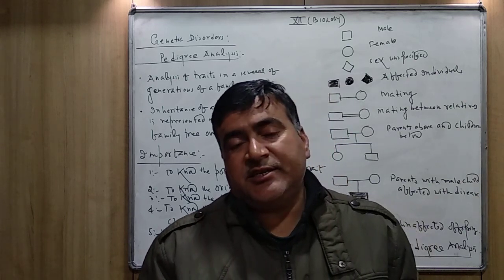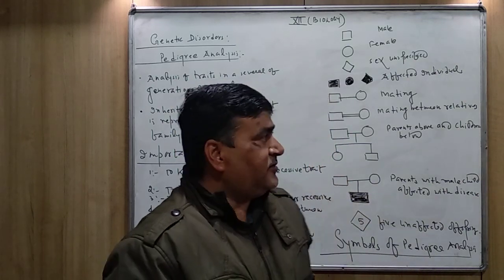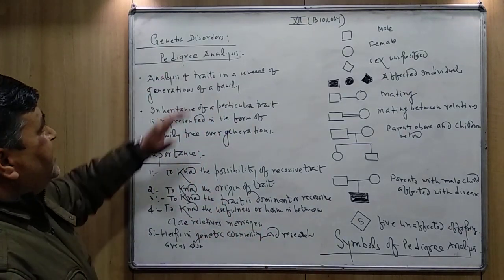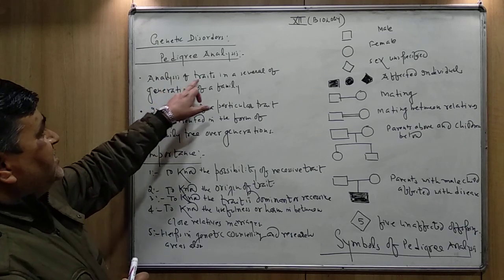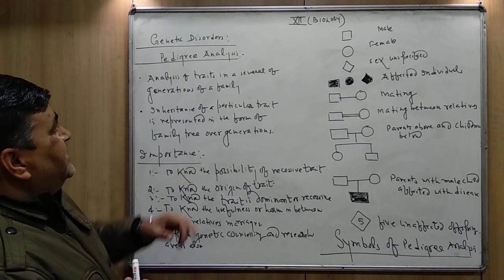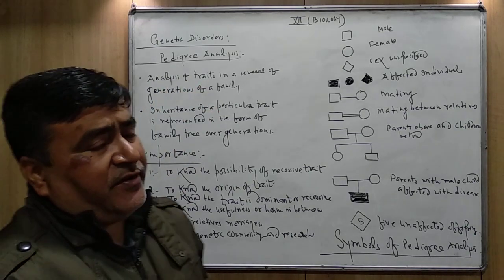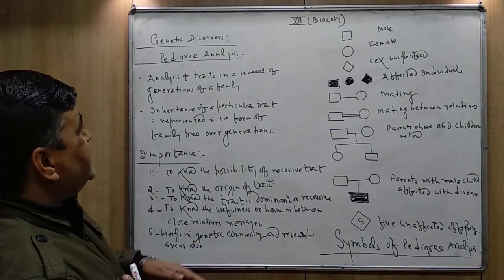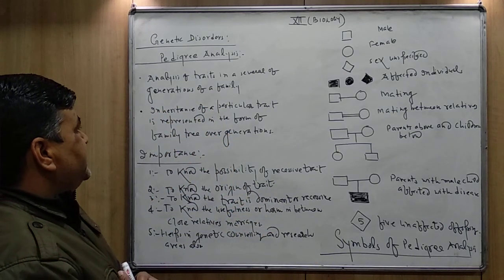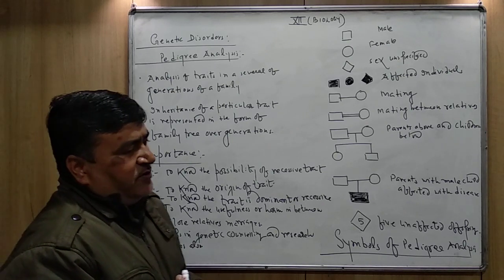So we will discuss in detail in this heading. I have written here, pedigree analysis is the analysis of the traits in several generations of a family. The inheritance of a particular trait is represented in the form of a family tree over generations.